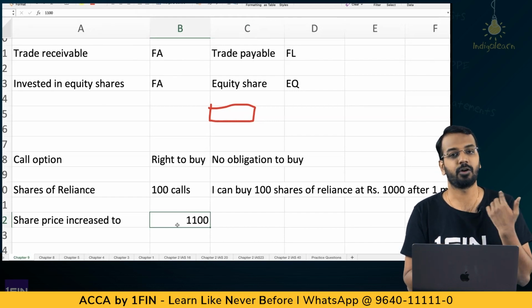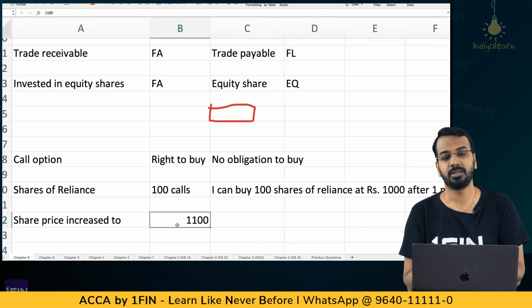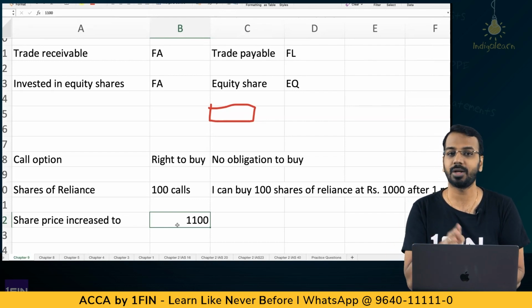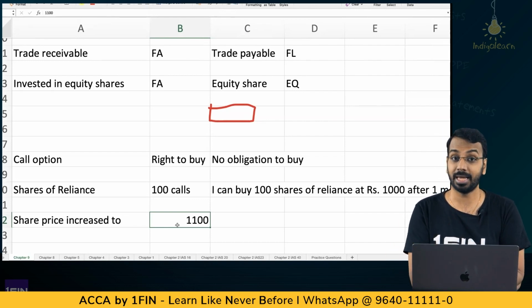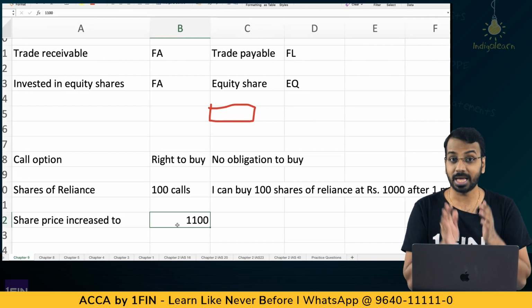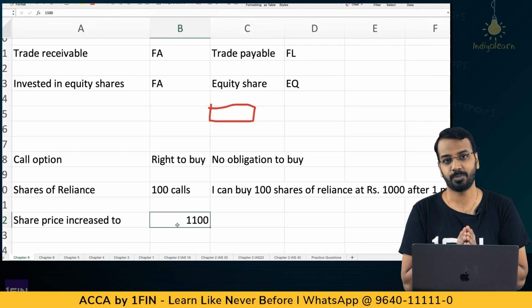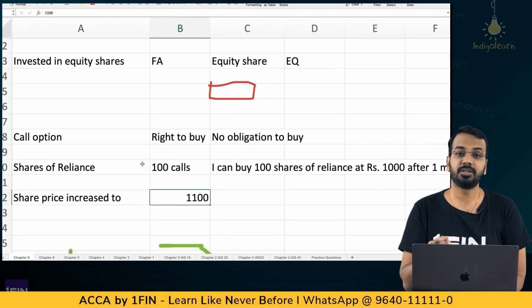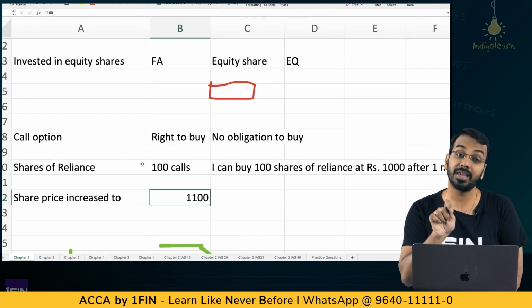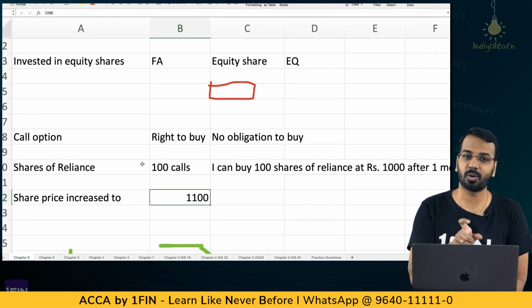On the other hand, for you, you have to sell it at 1000. If you could go to the market, you would have sold it at 1100. But then under this contract, you have to sell it at how much? At 1000. So that is potentially unfavorable to you. Okay. So if the contract involves exchanging of assets or liabilities which have terms which are favorable, then it will be called an asset.